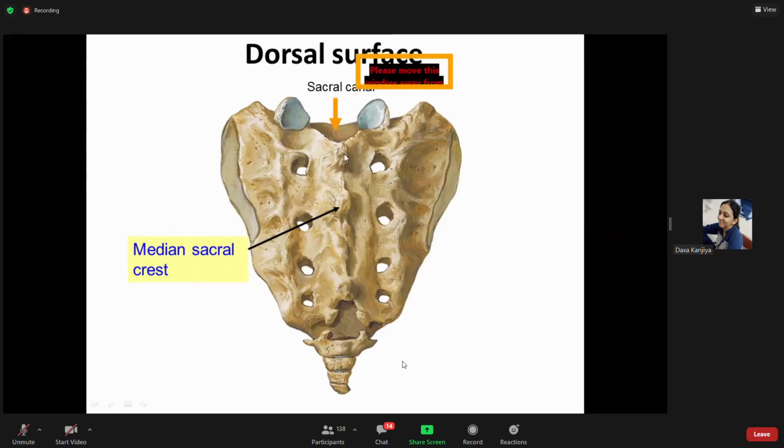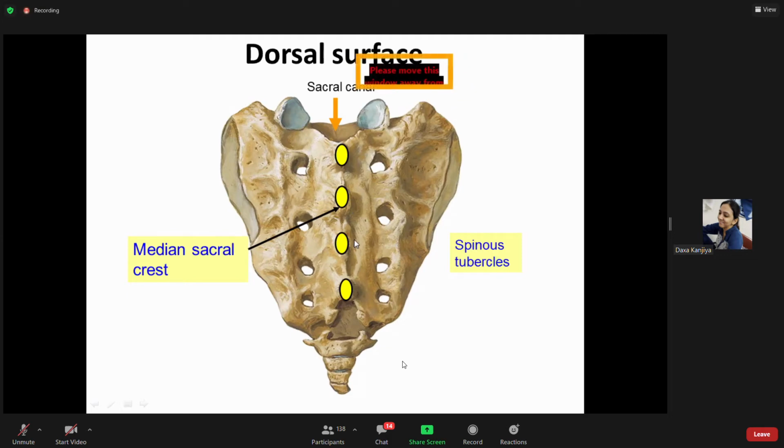Over this median sacral crest, if you see, there are 4 small tubercles, small elevations. These are nothing but the spinous tubercles. So that means the median sacral crest is formed by fusion of the spinous processes of the upper 4 sacral vertebrae.